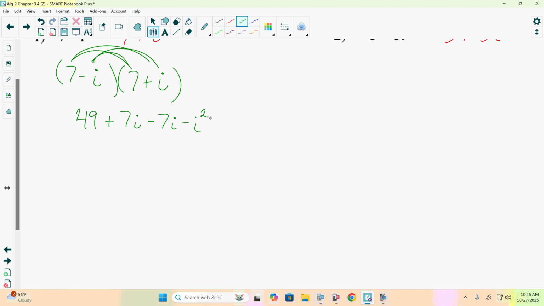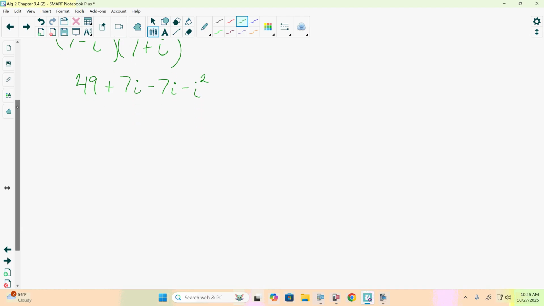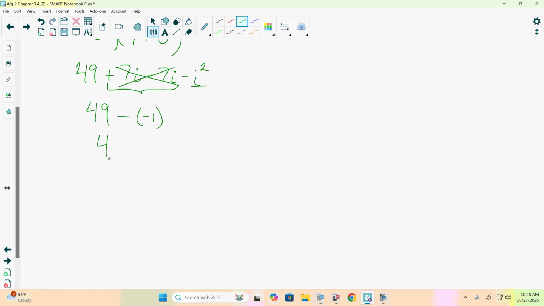So we did this Friday. We've gone through multiplying these complex terms together. Now, 7i and negative 7i, what would that give us? 0, so that's gone. i squared is negative 1. So when we simplify down, like we did Friday, we'd still have 49. 7i minus 7i is 0. i squared is negative 1, so it's really telling us that we have 49 minus negative 1.